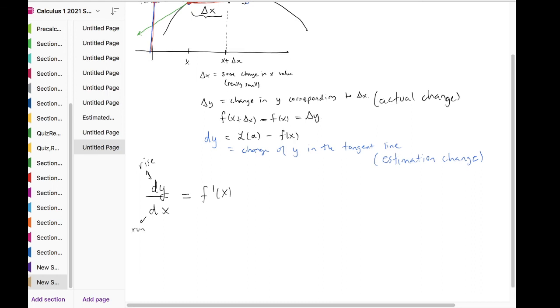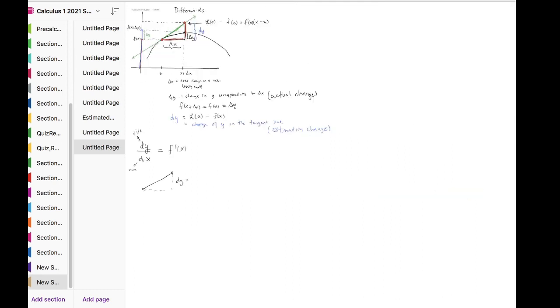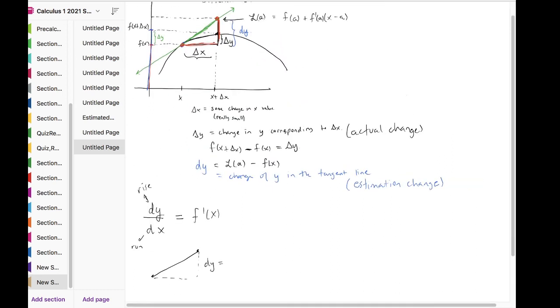So again, dy is equal to, you can think of it as, y2 minus y1.